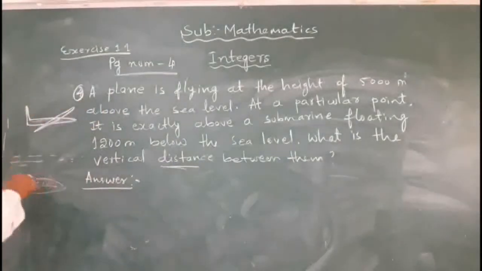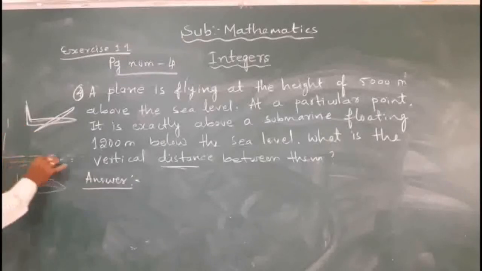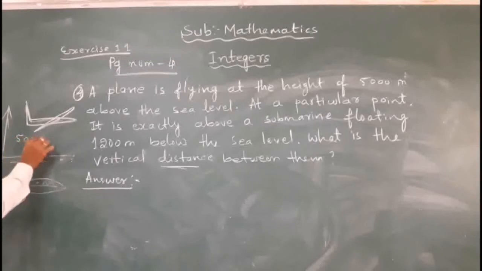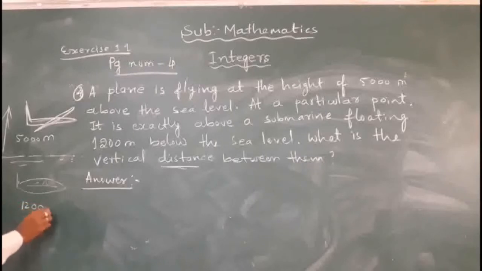See here, a plane flying 5,000 meters above the sea level. This is the sea level. This is flying above at 5,000 meters. And the submarine is floating at a vertical distance of 1,200 meters in the sea. We have to find the difference between these two.